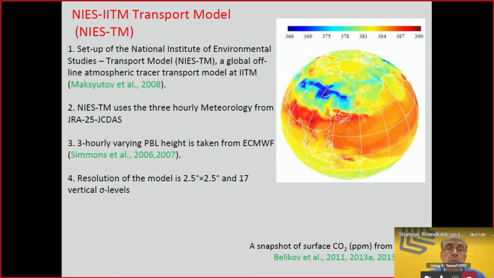Our main motto is to utilize all the observations we are doing in India in a global model, so that we can take this ahead. I will not say this is the only effort; many other groups around the world are involved. For example, Anita Ganesan is also involved, and she has done so much modeling over the Indian domain using observations. So this is just the NIES-TM effort.